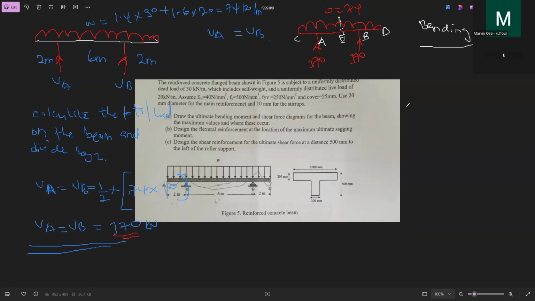Now we don't even have to waste time calculating. You see, it's a UDL throughout. So it's really simple. Let's just go forward.